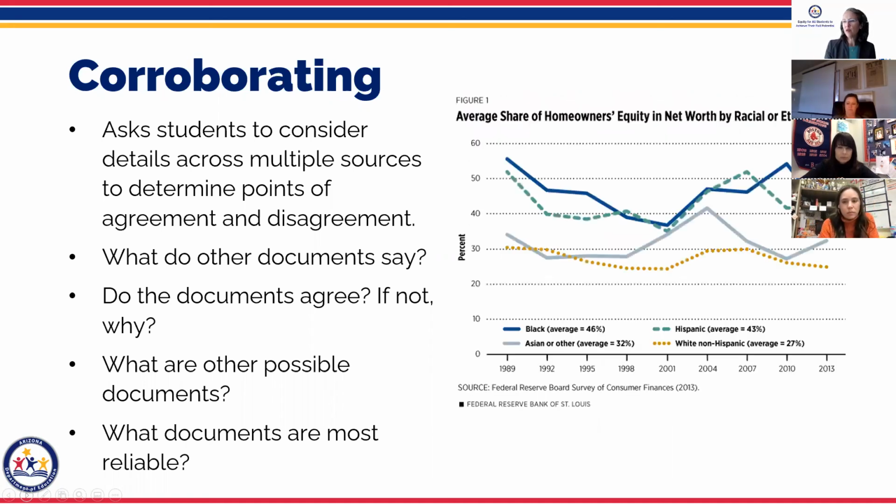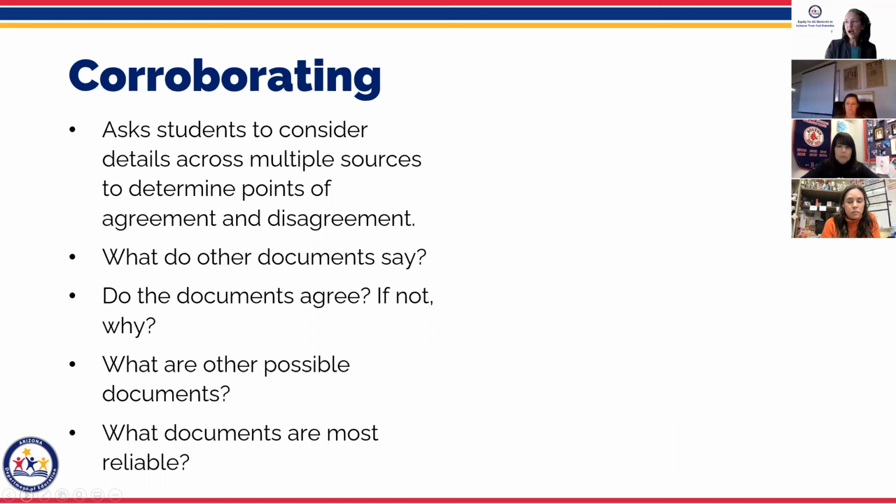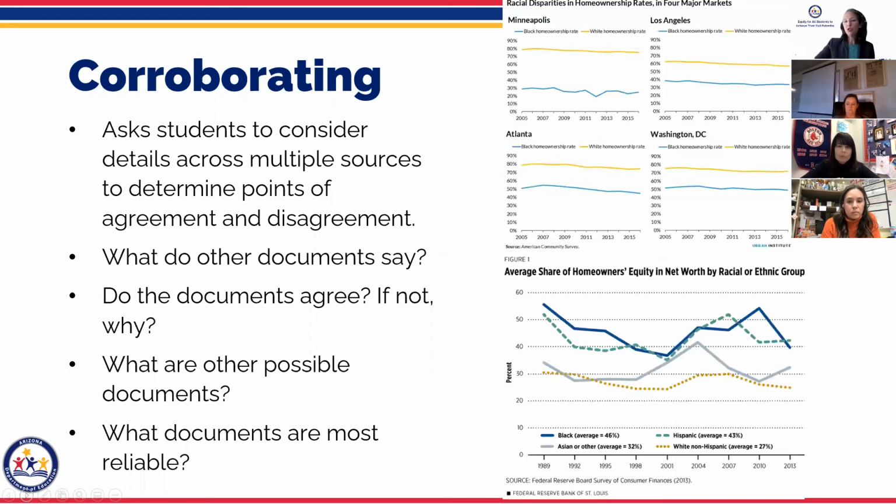So then I have a graph from the Federal Reserve Bank in St. Louis that shows the average homeowner's net equity. So when you look at both of these graphs today, do they corroborate each other? What do other documents say? And then the kids have a better idea of how to answer, was the Fair Housing Act fair?